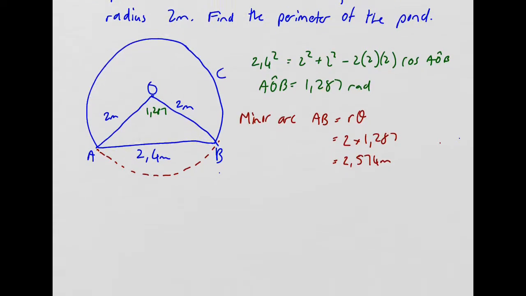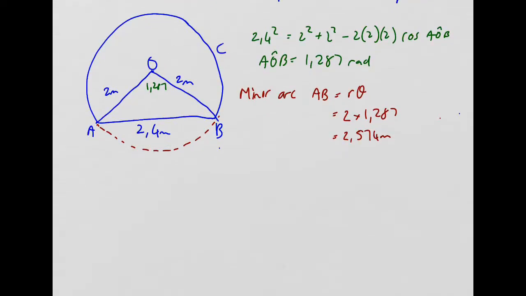Right, so let's do that. So in a different color, just so that I know color coding helps you girls, we'll say that the major arc of AB, remember that refers to this portion, is equal to 2 pi r minus 2.574.